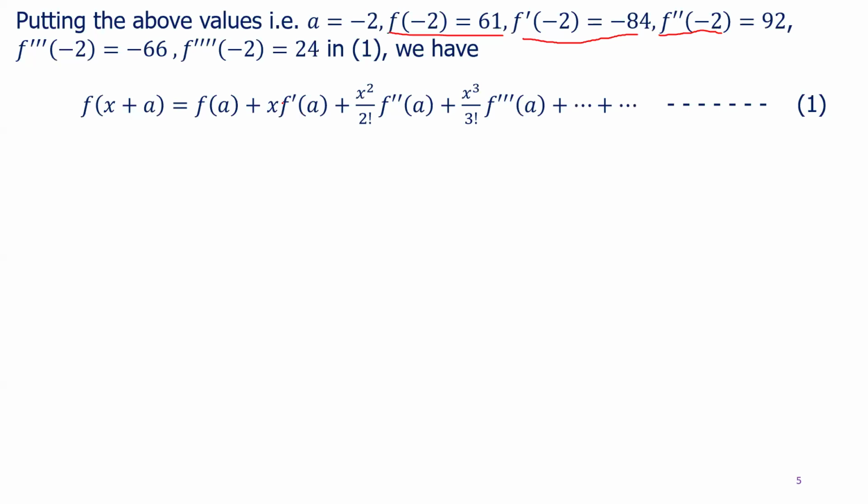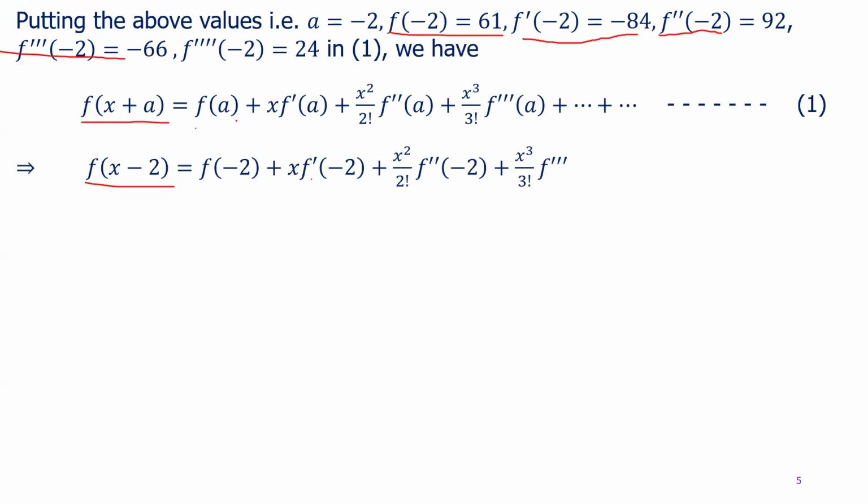In equation 1, f of x plus h can be written as f of -2, plus x into f dash of -2, plus x square upon 2 factorial f double dash of -2, plus x cube upon 3 factorial f triple dash of -2, and so on.